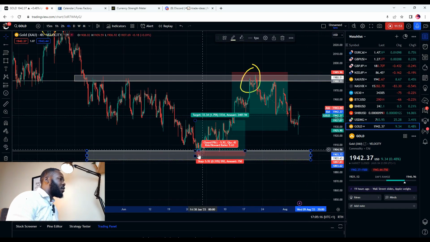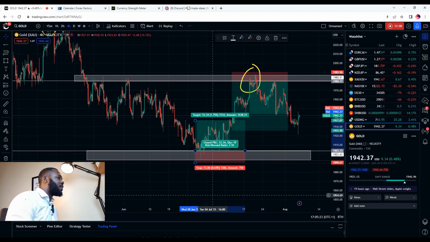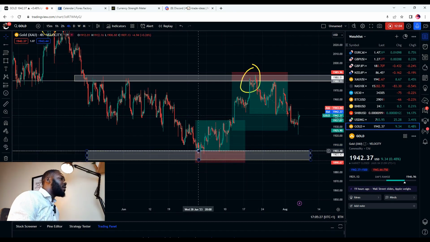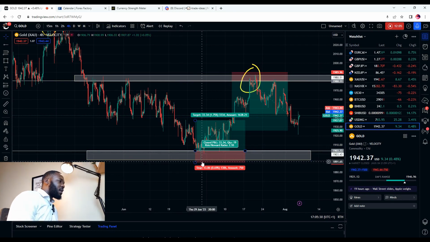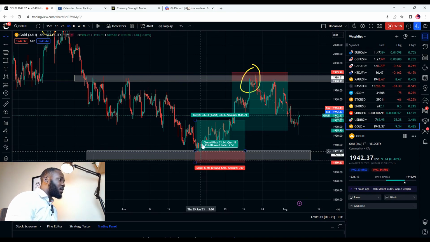Then your stop loss now can be above the support zone. You can see right here. So even if the market triggers your order and keeps coming down to the downside, acting like it's breaking out, it's not going to hit your stop loss before it goes back up to your profit zone.